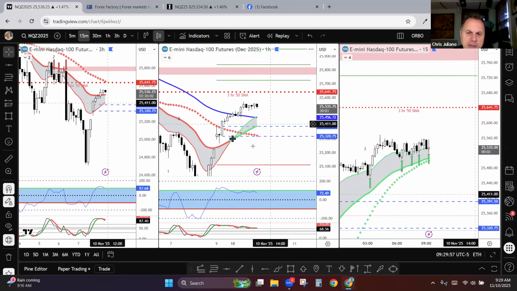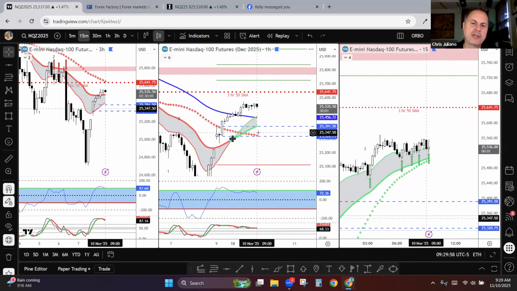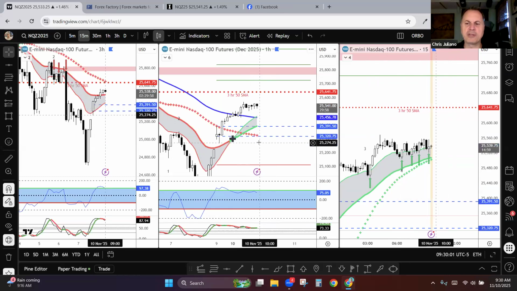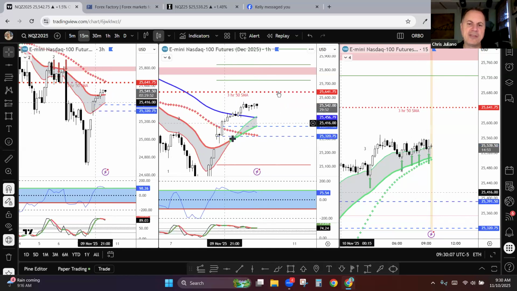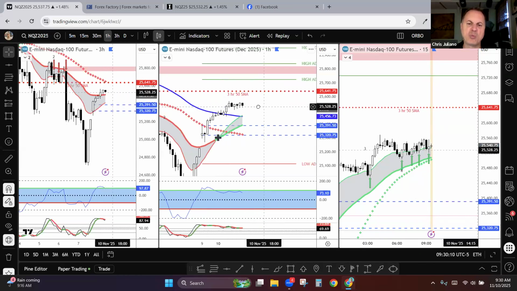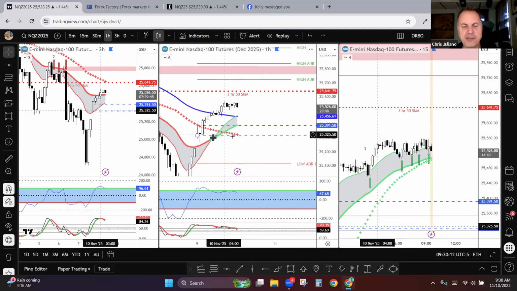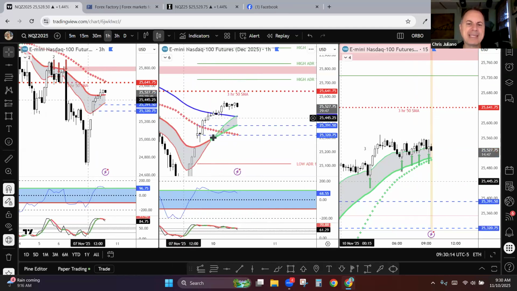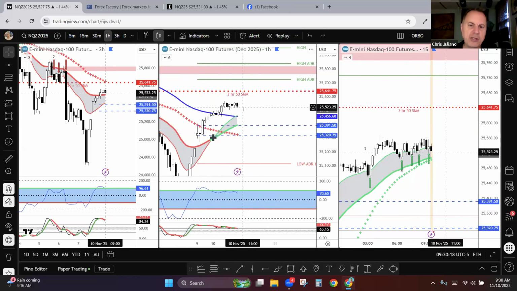But all conditions are met. We still have a pseudo uptrend, right? We've got this pseudo uptrend going on right now. And in this situation, when we see this 50 simple moving average maintains a red color, we usually see price come down and hit it.